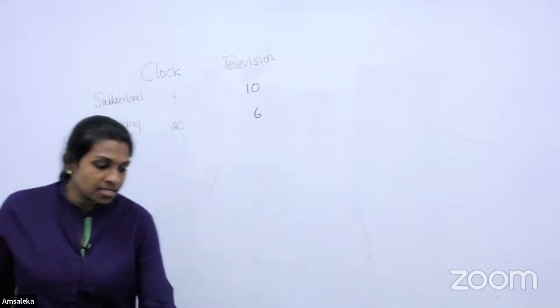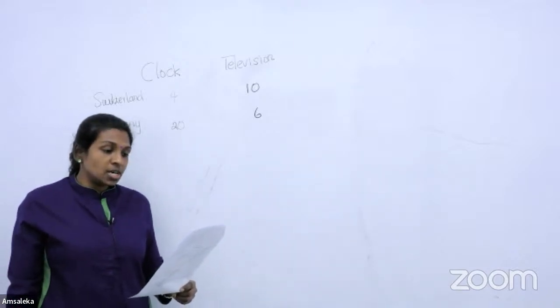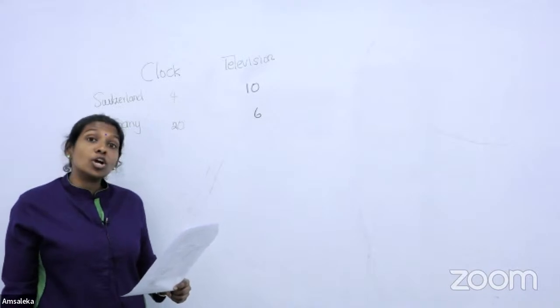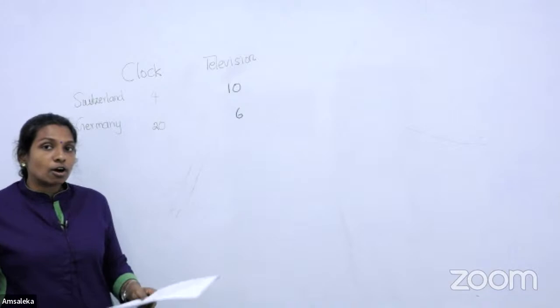But in this case, Switzerland and Germany produce clock and television. The following table shows the number of units that can be produced by 1 unit of labor.